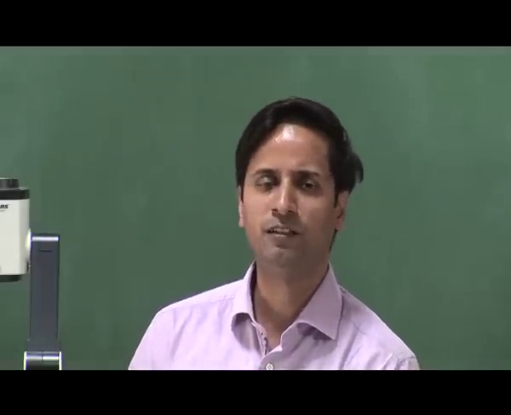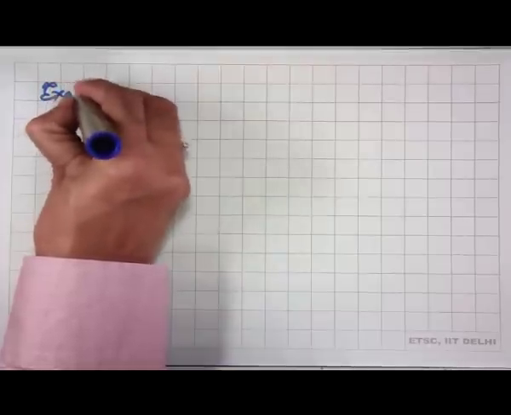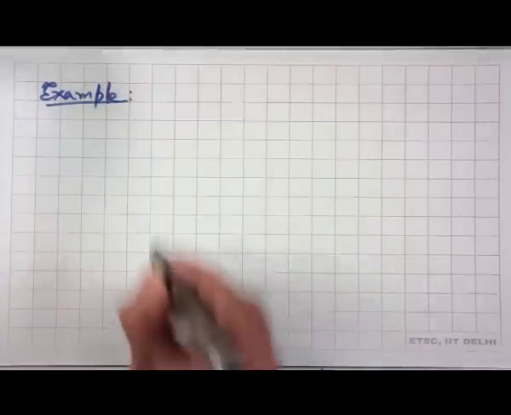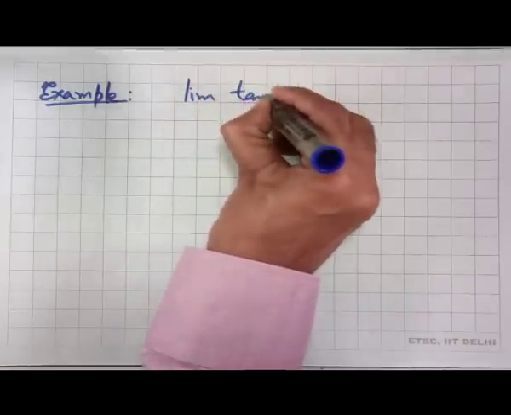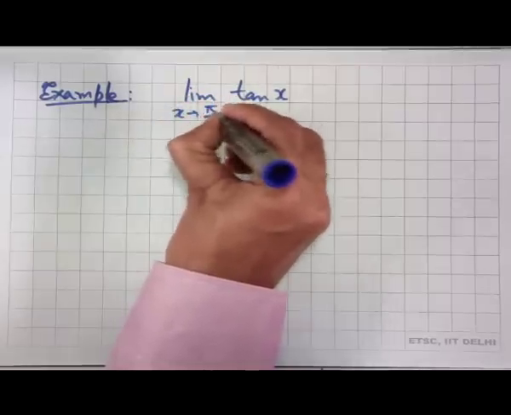So, let me give one example of where the limit is infinity for trigonometric functions. I am sure you have seen trigonometric functions. So, one example: what can we say about the limit of tan of x as x approaches pi by 2?